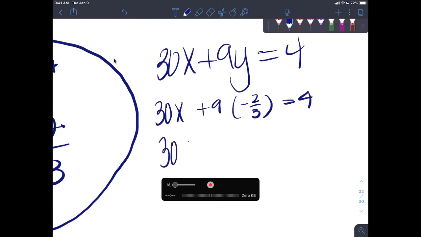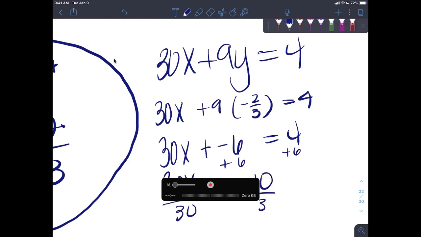So 30x plus negative 6 equals 4. 30x equals 10. And x is going to be equal to 1/3.